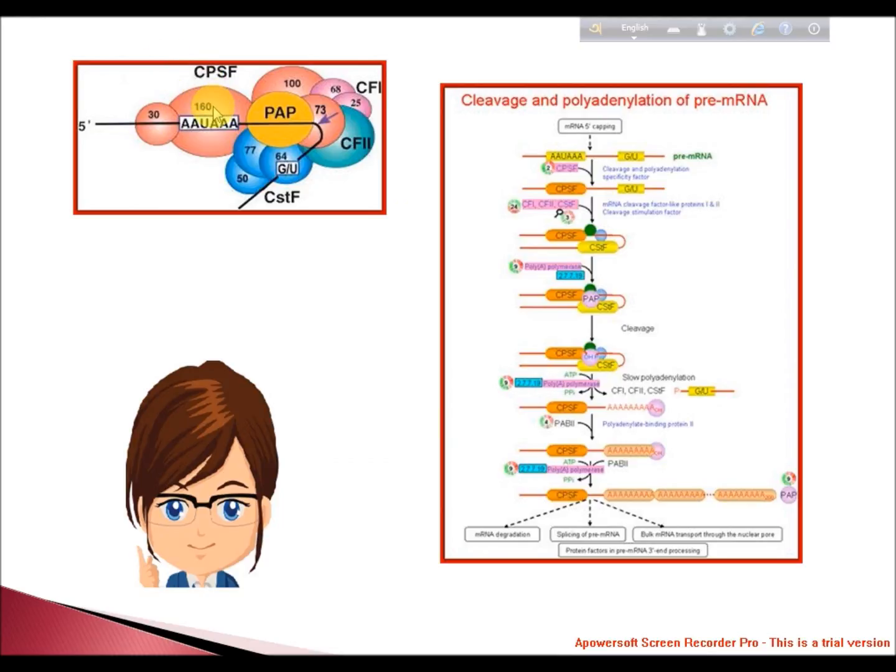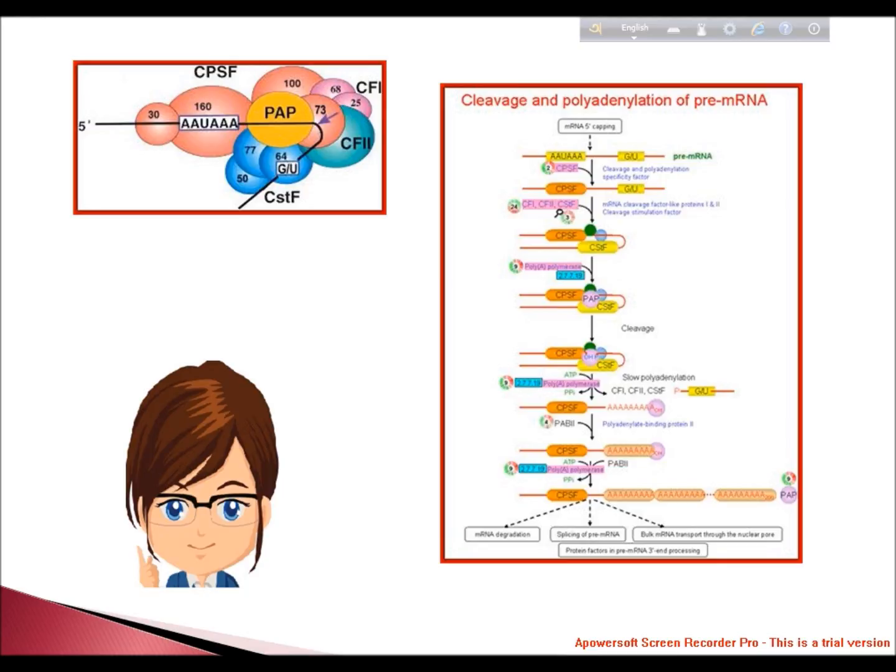CPSF73 is the 3' processing nucleus, the core polyadenylation machinery. RNAP2 is not included, but is illustrated as it would assemble in a pre-cleavage complex on an mRNA precursor with CPSF73 at the site of cleavage.